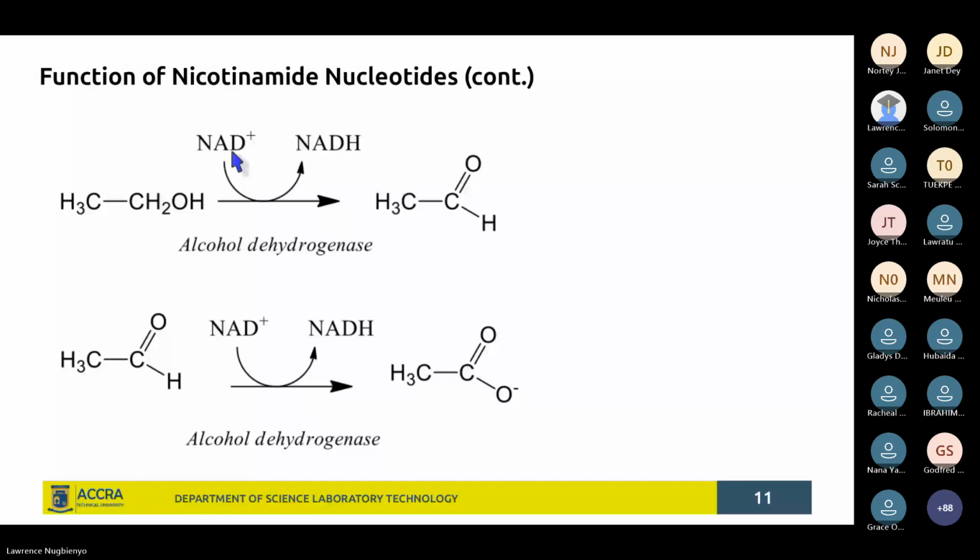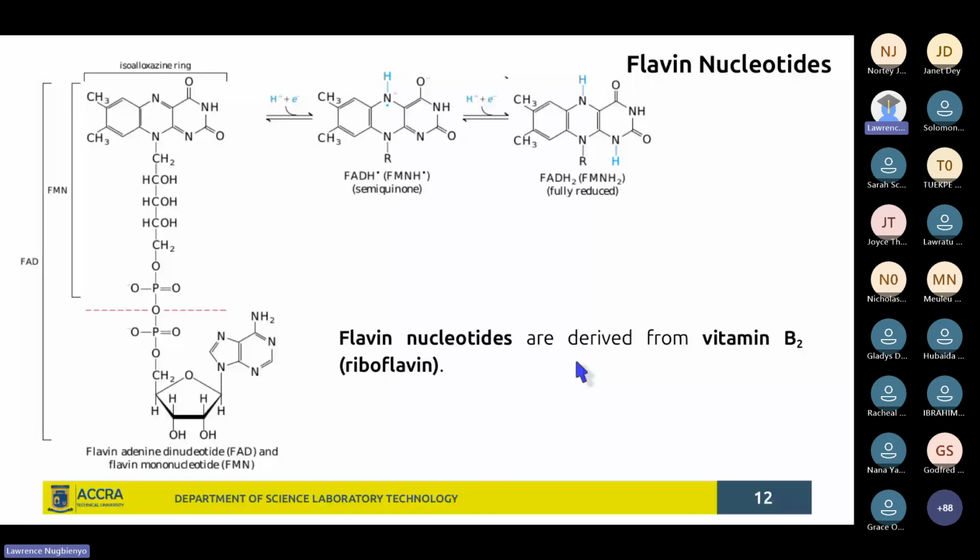Now, we take another type of nucleotide, what we refer to as the flavin nucleotide. Here too it is a dinucleotide. You see it being written as FAD. FAD, FADH, FADH2.